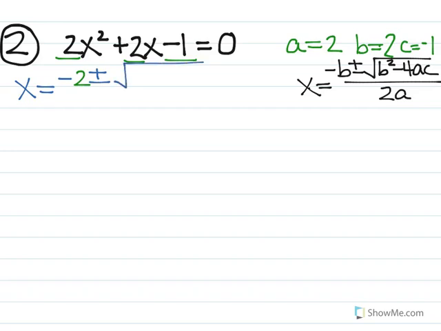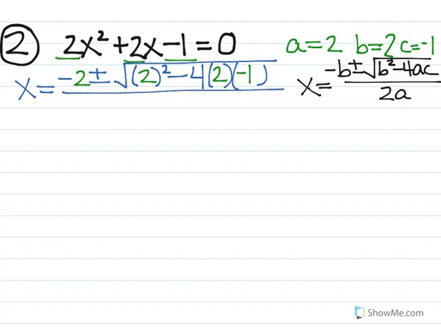We've got one big radical symbol. Then we're going to do, in parentheses, our b value, which is 2, that needs to be squared, minus 4, and then times our a value, which is 2, times our c value, which is -1.